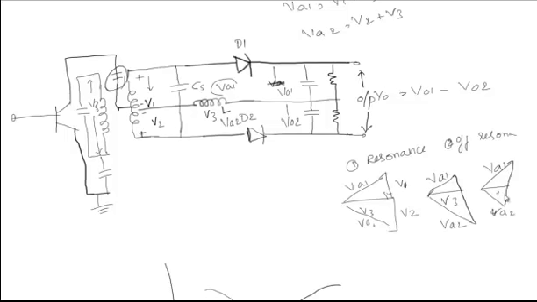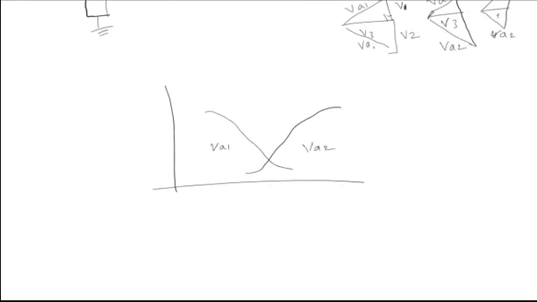And now, from this figure, this indicates VA1 and this indicates VA2. And let us consider only the linear part. And this part indicates resonance where VA1 and VA2 are equal. Let this be the resonant frequency. And this range is called the peak separation range.